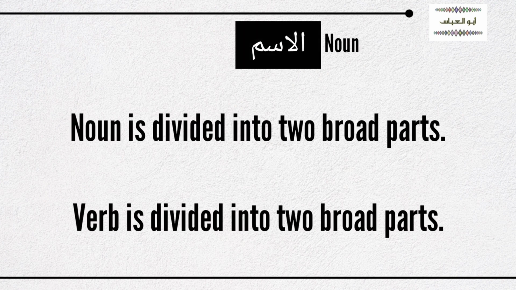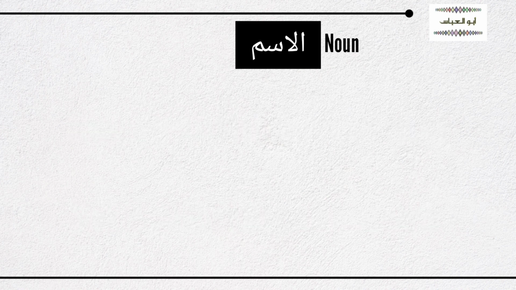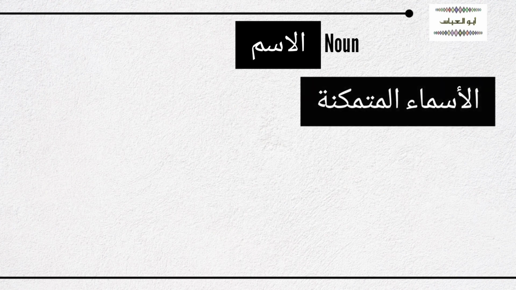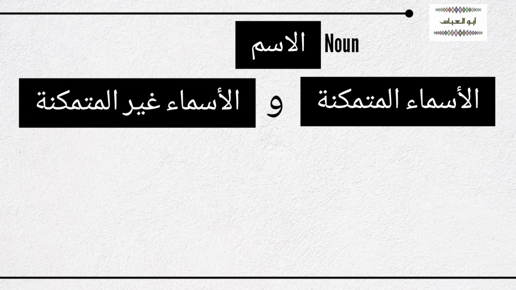But you should also note that ismu is divided into two broad parts, as well as fi'lu. So we have what we call al-asma'u, the plural of ismu, al-asma'u al-mutamakkinatu, and we have al-asma'u ghayrul mutamakkinati, or you call it al-asma'u al-jamida.